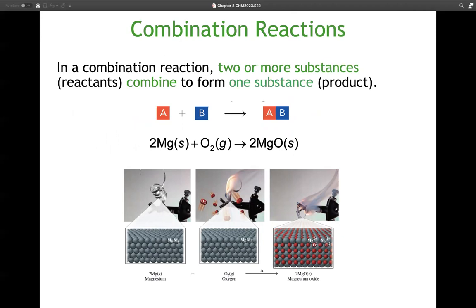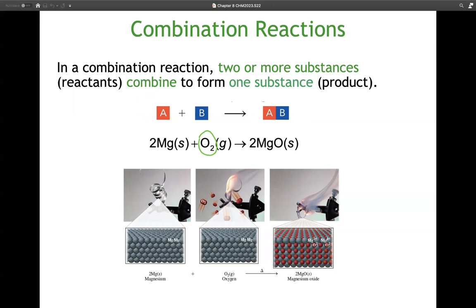That's when two or more substances, which are the reactants, are combining or reacting to form the products. So for instance, you have A reacting with B to form AB, where now AB involves a bond between A and B. If we take a look at an example of magnesium reacting with oxygen gas, notice oxygen is one of the diatomic molecules, so it exists in nature as O2.